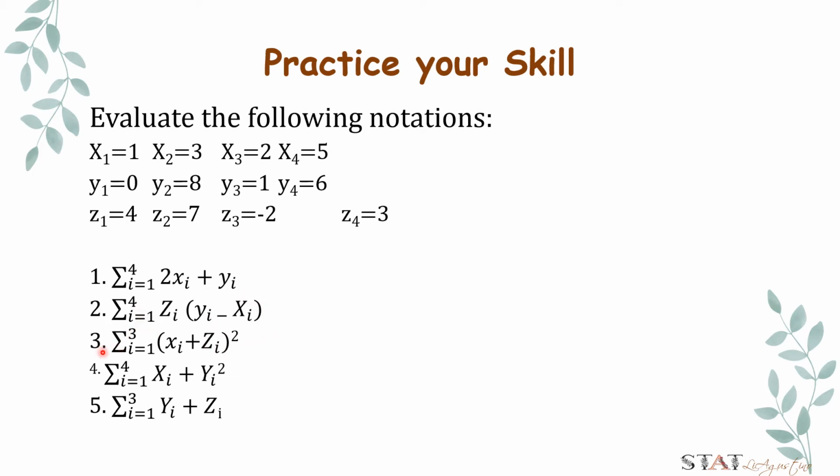And number 3, the summation of xi plus zi, in parentheses, squared. You have to add it before you square it, where i ranges from 1 to 3. And then number 4, we have the summation of xi plus yi squared, where i ranges from 1 to 4. And then the summation of yi plus zi, where i ranges from 1 to 3.